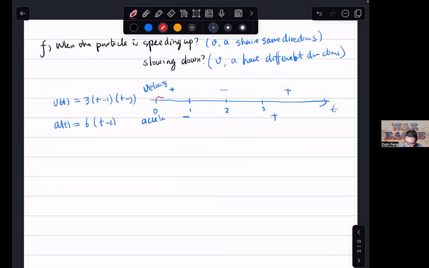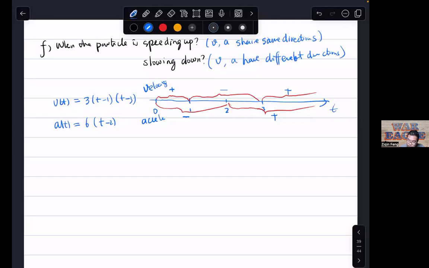So from 0 to 1, positive v. From 1 to 3, negative v. From 3 to infinity, positive v. And from 1 to 2, negative acceleration. From 2 to infinity, positive acceleration, right? Now you can see that we have two intervals where they share the same direction.